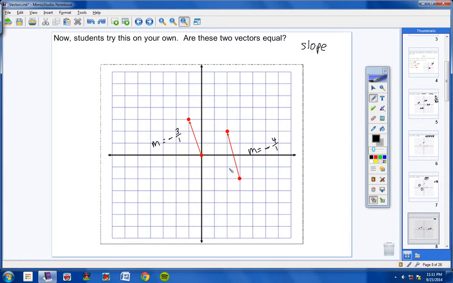But if just one of those two scenarios fails, either they don't have the same slope or the same distance, then the two vectors are not equal. So no, these two vectors are not equal because they're not going the same direction. And if they were going the same direction, then you have to check their distance by using the distance formula, okay? I hope all of this is making sense.